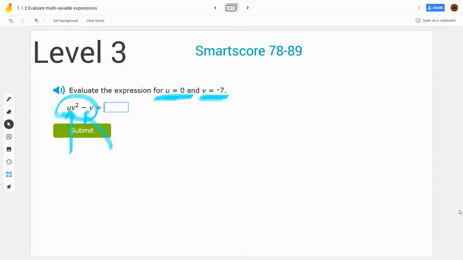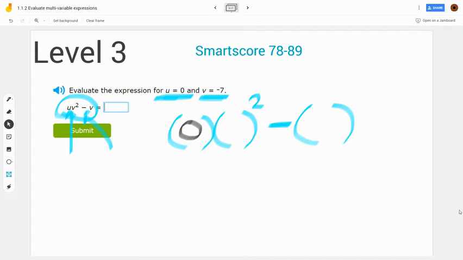So first, writing it in parentheses: u, v, where the v is squared, or has the exponent of 2, that's called squared, and then the other v. So u is 0, v is negative 7 in both of these spots. Now, you can be clever about this one because I see that we're multiplying with 0.